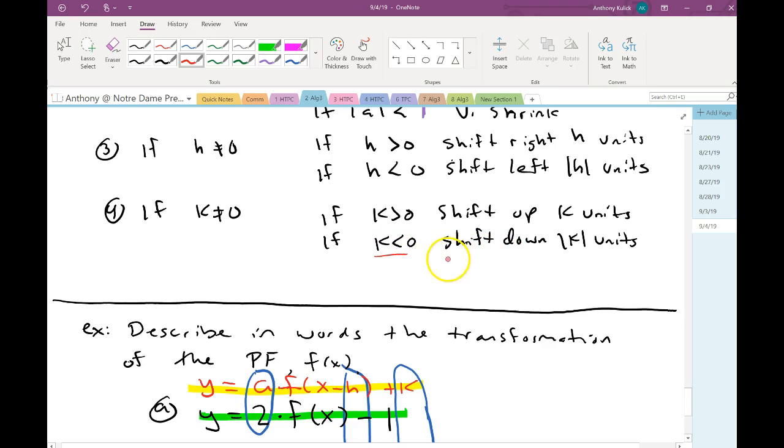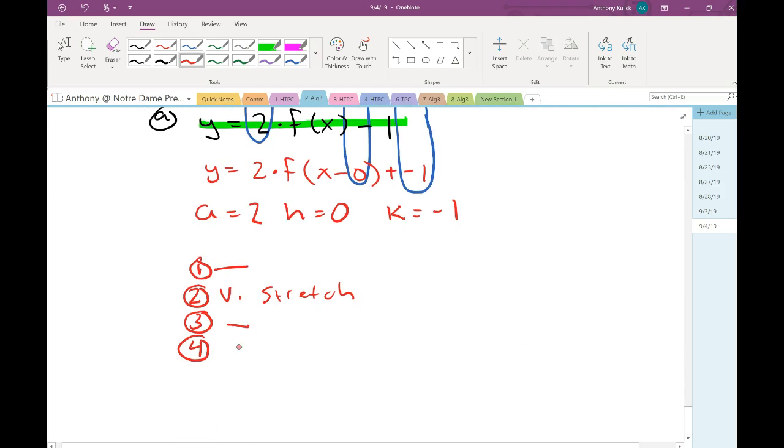Less than 0, so I know we're going to be shifting down. And I can say 1 unit, since the absolute value of K is 1. Is everybody okay with what we did there? Let's do another example.